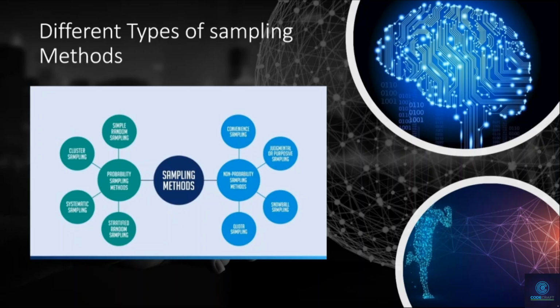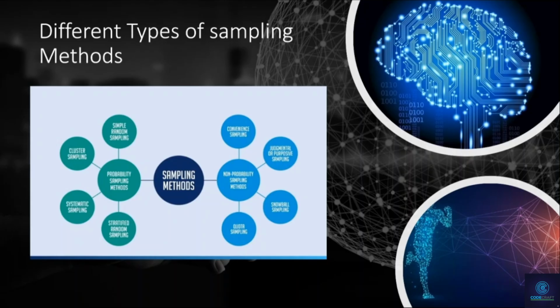So yes, you will have random people, but you will understand in the next few slides why it's not as randomized as the probability sampling method, which is really based on random people.